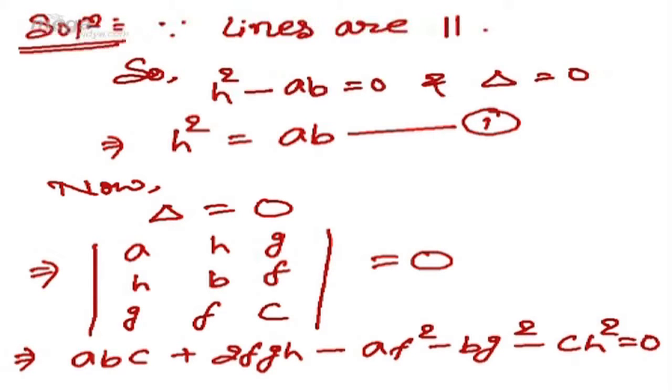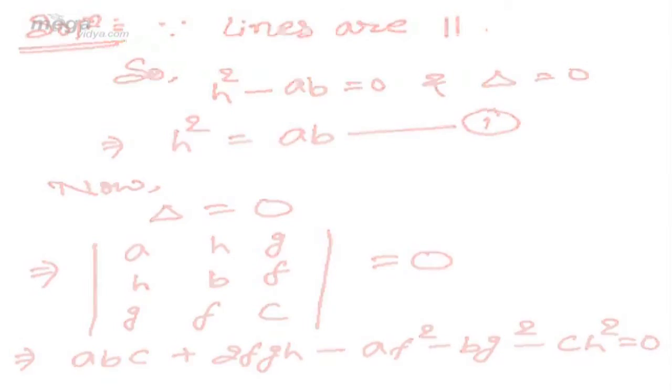Now in this one it is given here h square is equal to ab. So now we'll substitute from the first. In this one h square is equal to ab. So it becomes abc plus 2fgh minus af square minus bg square.